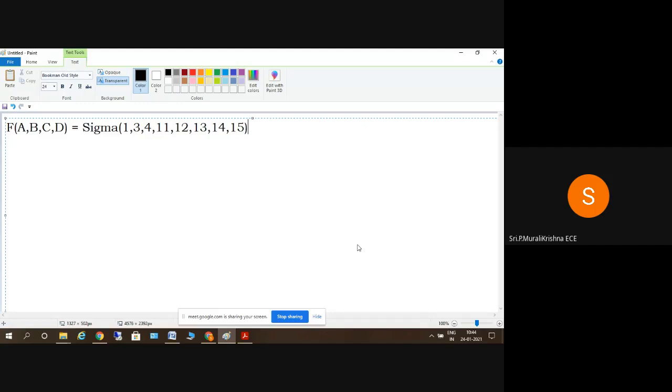Earlier, when f of x, y, z was given, I told that x, y are the selection lines and the output f will be in terms of z. So z is not a selection line there. So here, when you are given A, B, C, D, A, B, C are the selection lines and the output will be in terms of d. So d, d bar, 0 or 1. Right?